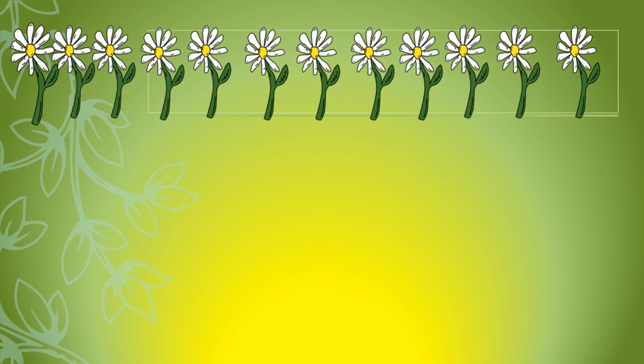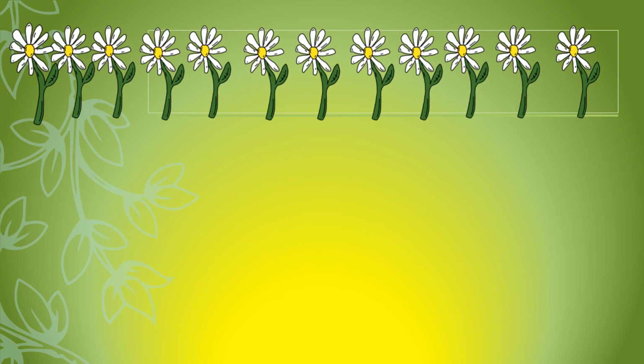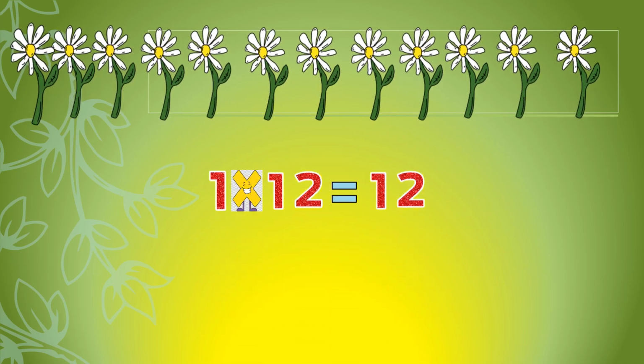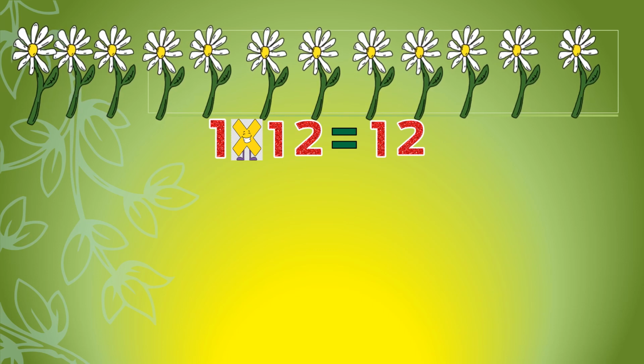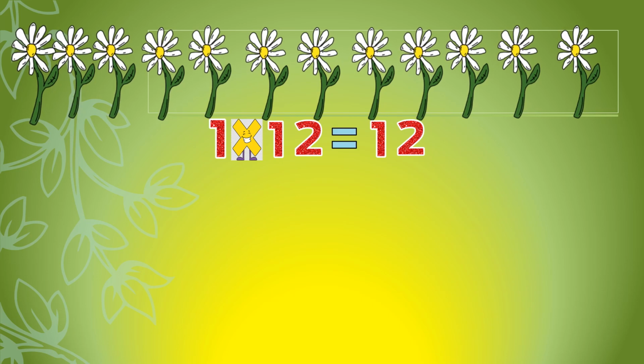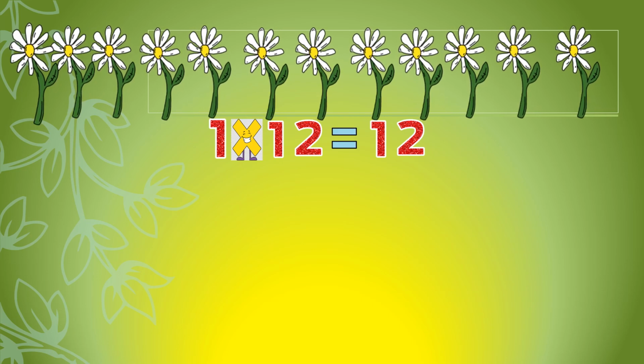Okay, so there are 12 flowers in one single row. Children, for this, what can we write as a multiplication sentence? 1 multiplied by 12 equals 12. That means 12 flowers are arranged in a single row.